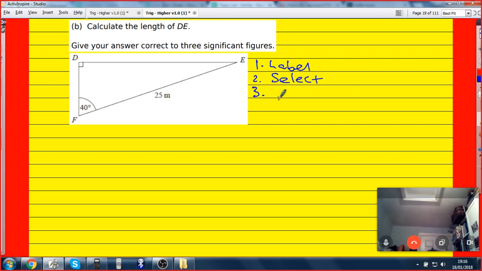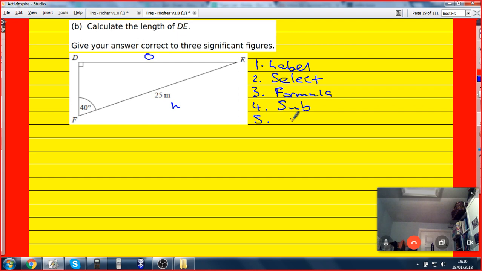So you have 25 is H. Then D to E is A in relation to the angle. Oh, it's O. And then the other one's A. I don't write down the A because it doesn't involve DF. We don't know it and we're not asked for it, so I don't write down A. You only need to worry about the sides you know or the side you're trying to find.